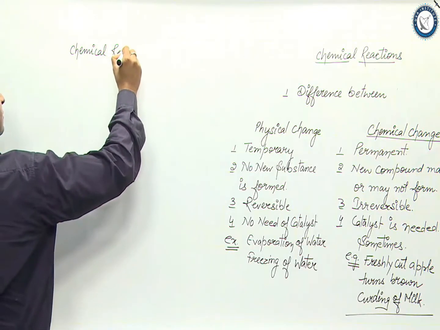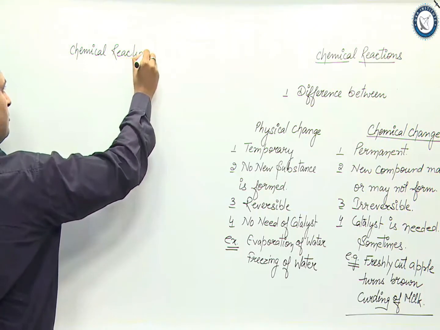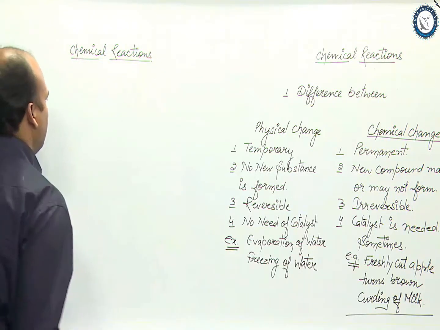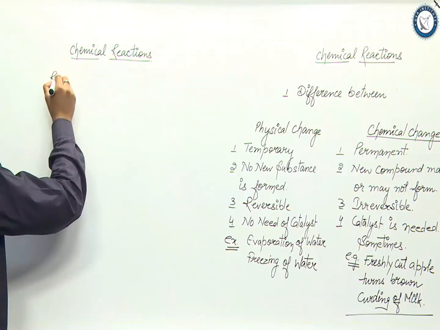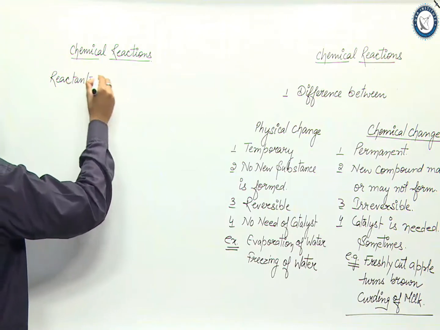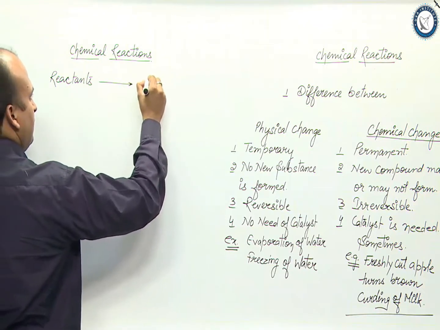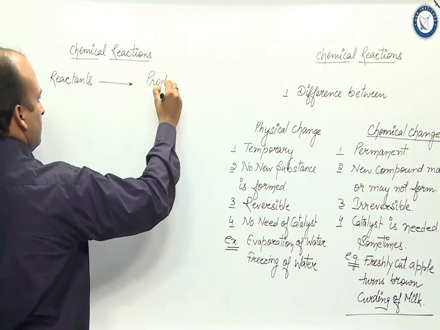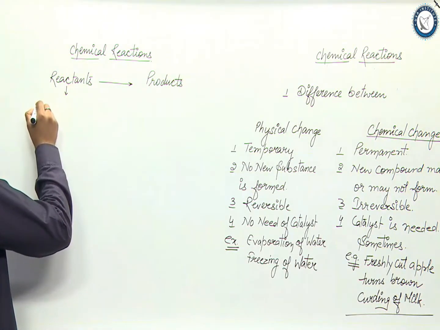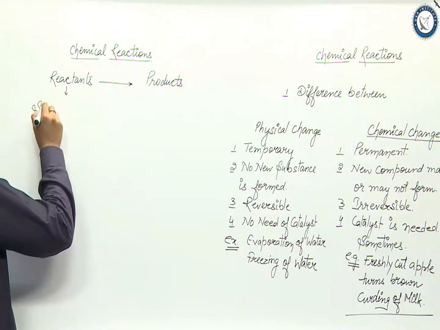Chemical reaction. In chemical reactions, there is something which we call reactants, which gets converted into products. Substances.